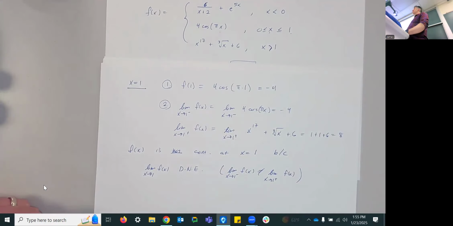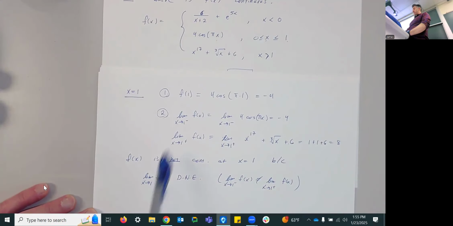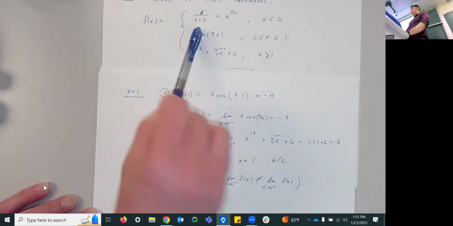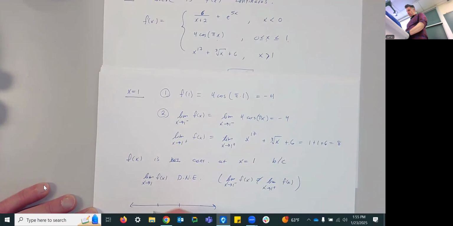So there are two values of x where this original function is not continuous. X equal to 1 as we just showed, and x equal to -2 as we observed before. But it is continuous everywhere else. So if you like, you can draw a little number line. You don't really have to, but I'm just putting those numbers on there to remind me that, okay, great. I want everything else. I don't want -2. I don't want +1.